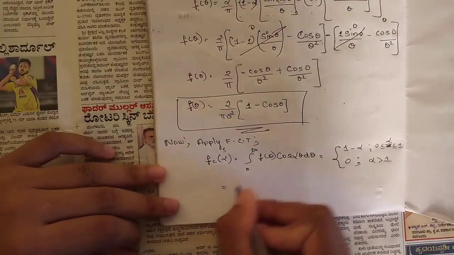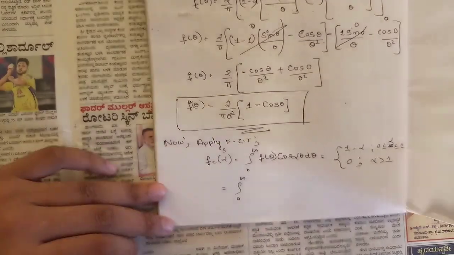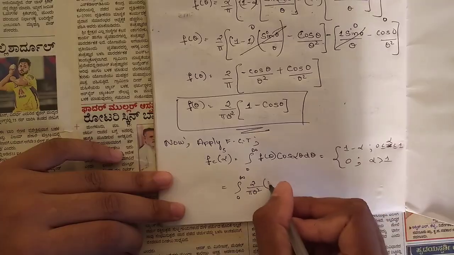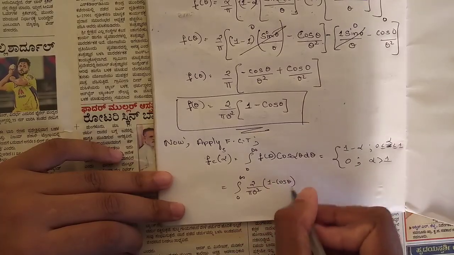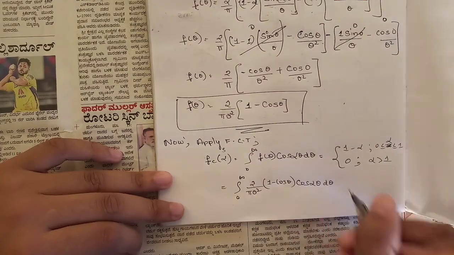Now substitute the value of f of theta which we have solved here, that is 2 by pi theta square into 1 minus cos theta into cos alpha theta d theta.